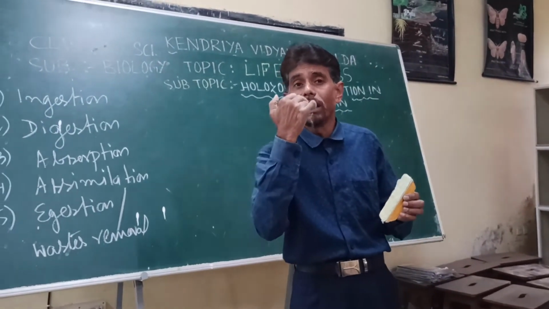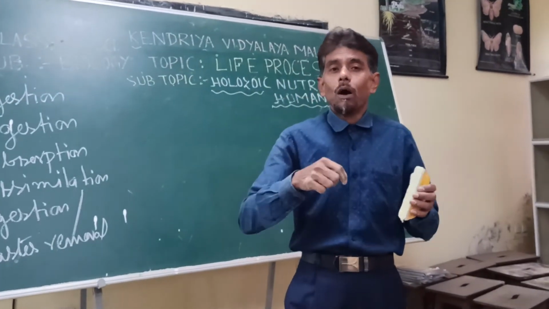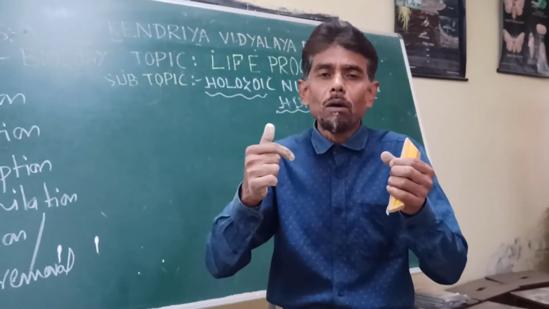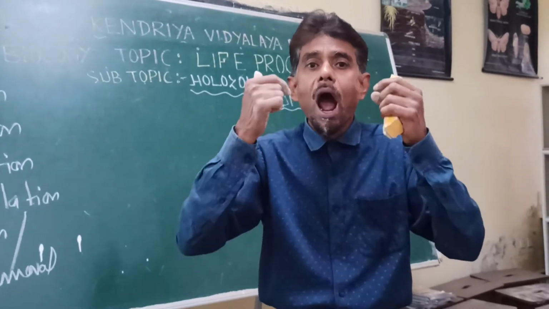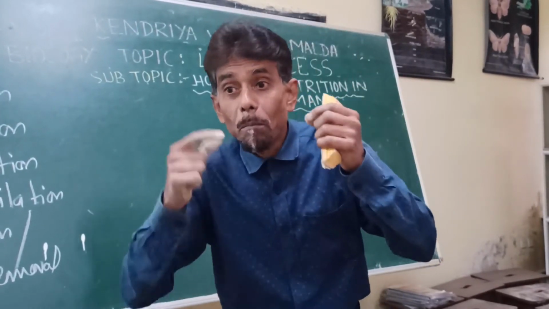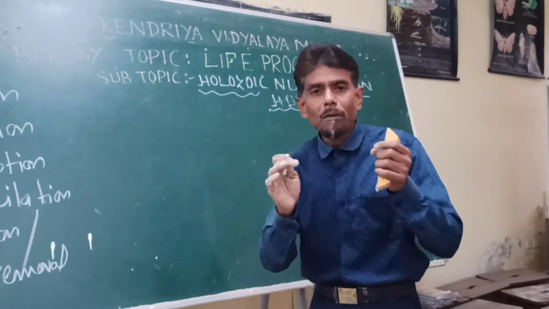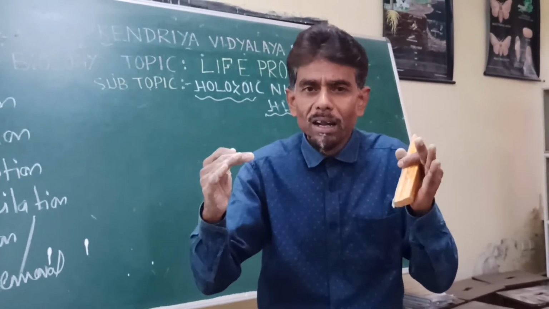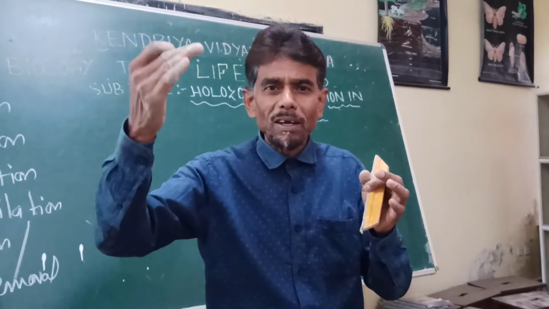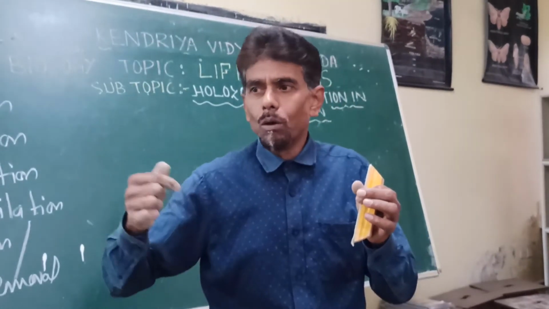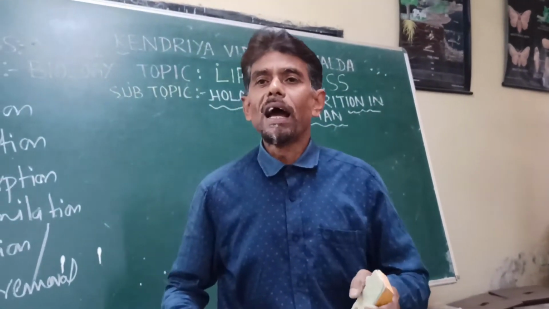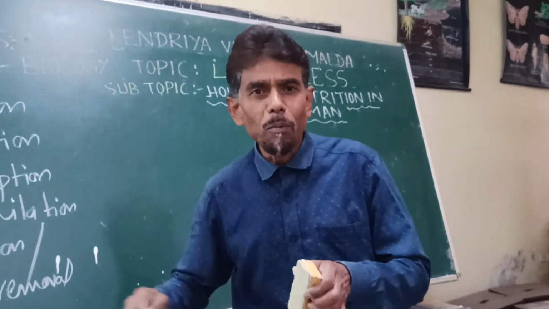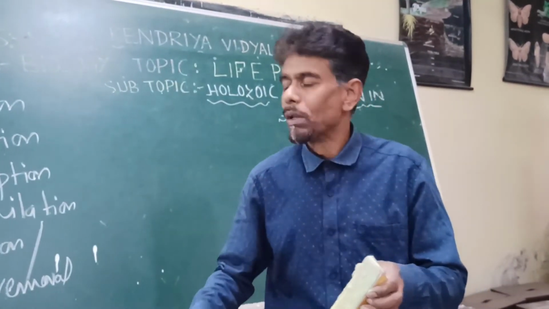I can show you here what associated structures are there in the mouth cavity. If I open my mouth, see. The mouth cavity has an upper and lower jaw covered with 2 sets of teeth, upper teeth and lower teeth, with a muscular tongue and accessory parts which help in mastication of food.